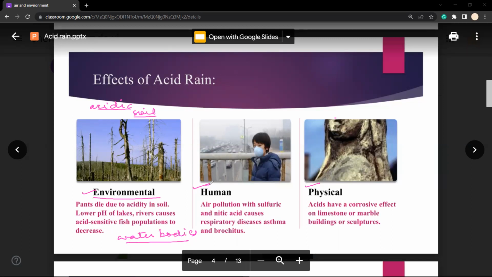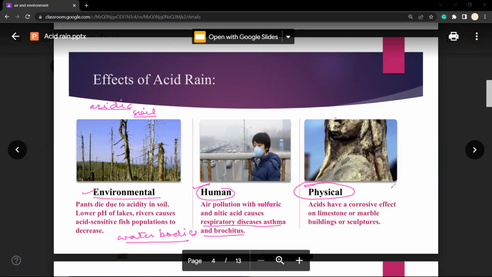Now the human impact. Acid rain contains sulfurous acid and nitrous acid, right? Not the sulfuric, but the sulfurous acid and the nitrous acid, which can lead to respiratory diseases like asthma and bronchitis, etc. Now comes the physical impact.